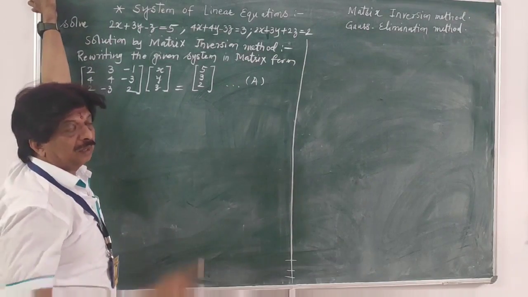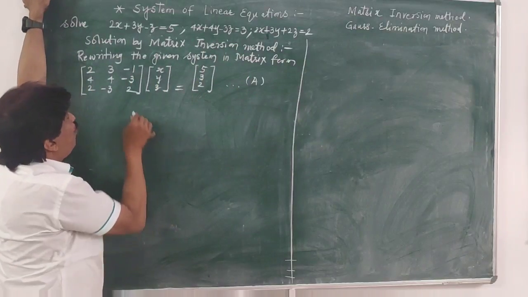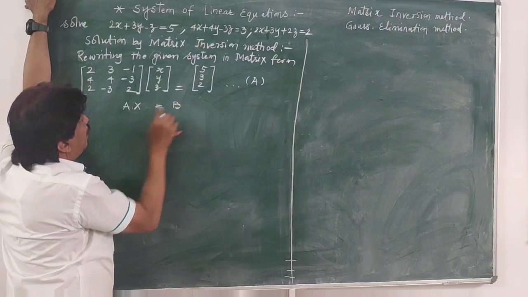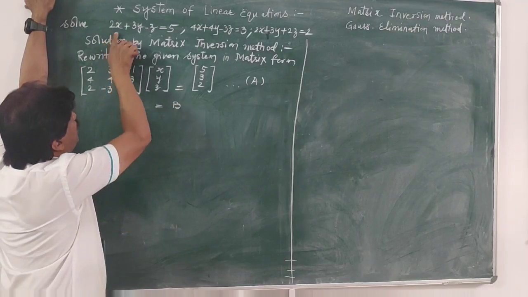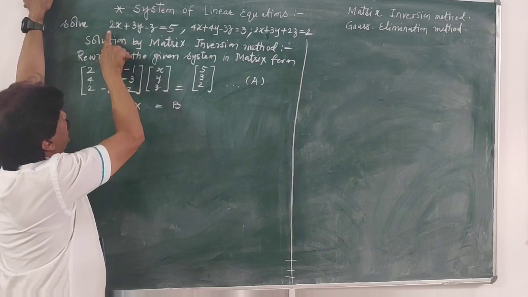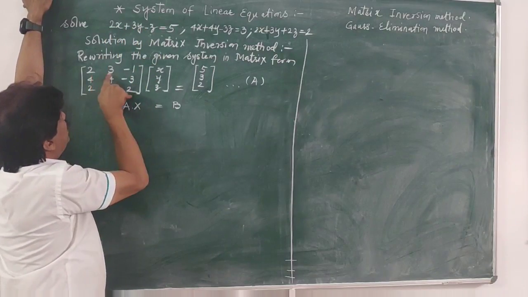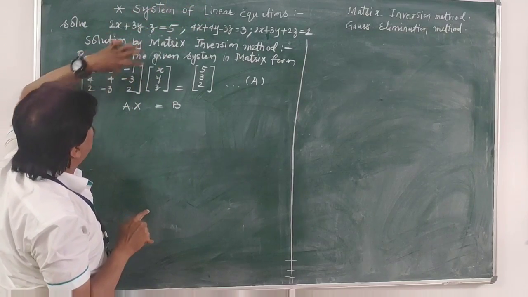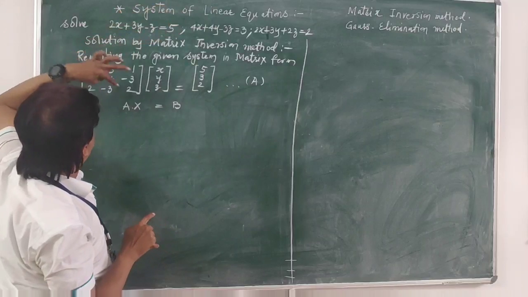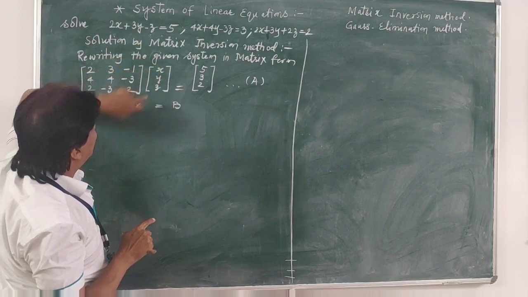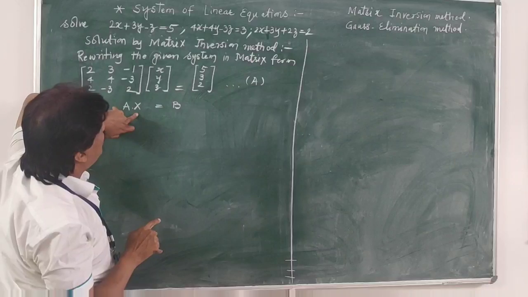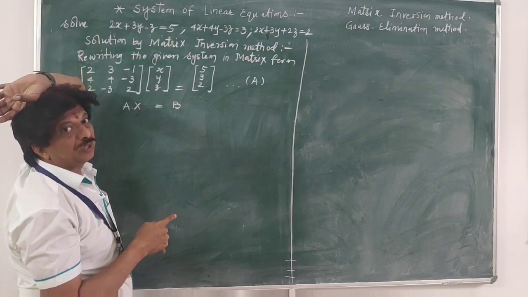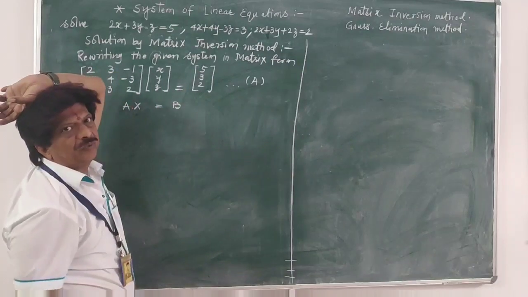So I have written the given system in the form of the matrix equation AX equal to B, where capital A is the coefficient matrix of unknowns, namely 2, 3, minus 1, the second equation 4, 4, minus 3, and the third equation 2, minus 3, plus 2, multiplied by the column matrix of unknowns X equal to B. This is the single matrix equation which involves all three linear equations.